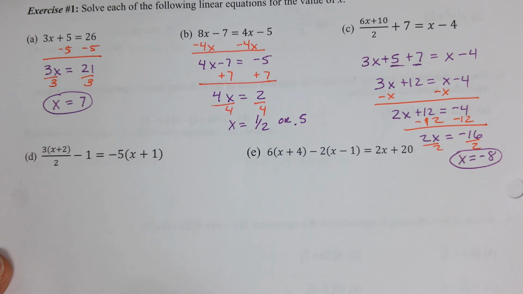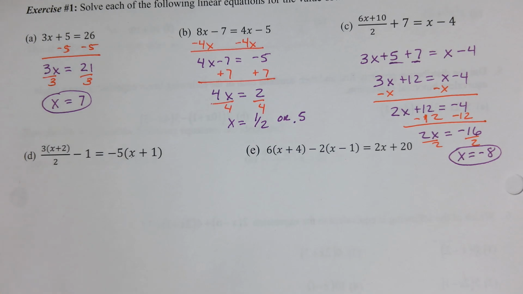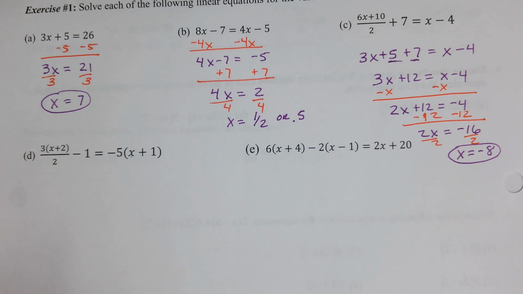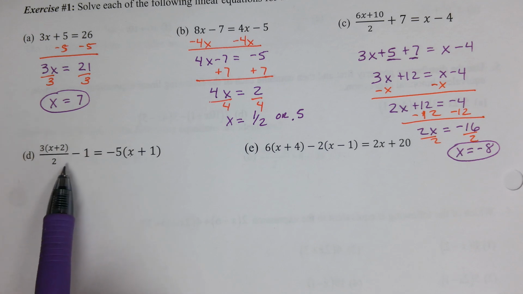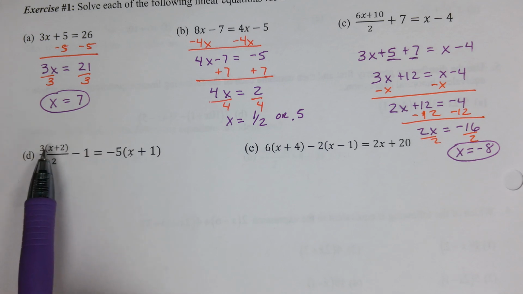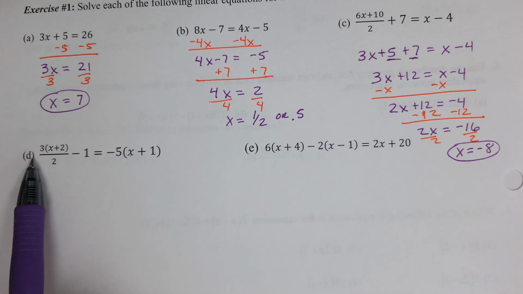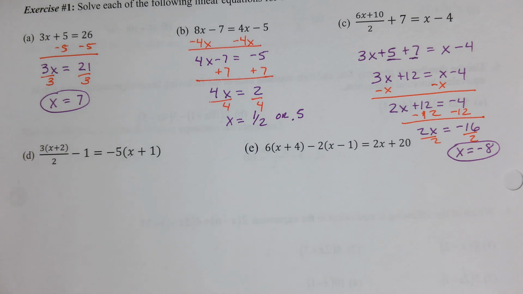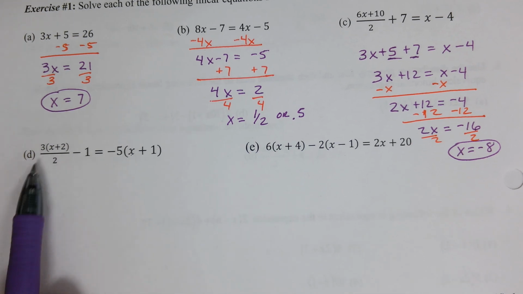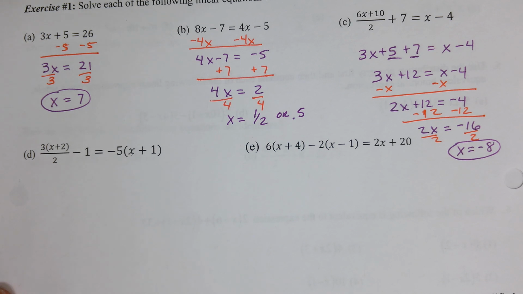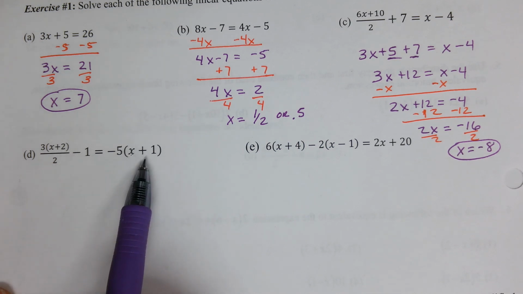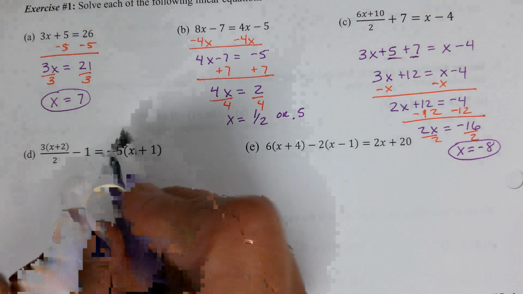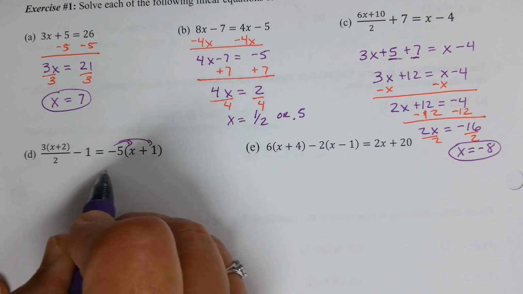D, (3 times (x + 2)) divided by 2, subtract 1 equals -5 times (x + 1). Okay, so we have some simplifying to do on the left-hand side. The only thing here is that this numerator is not divisible by 2, so I'm just going to hold off on the left-hand side for now and go to the right-hand side, and let's simplify, meaning let's distribute the -5 over our parentheses.